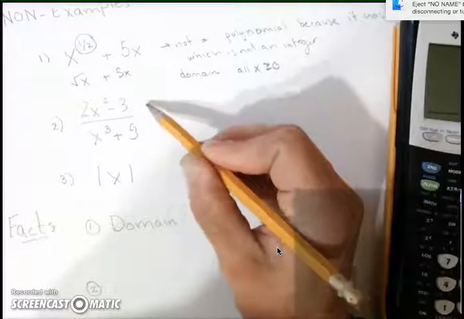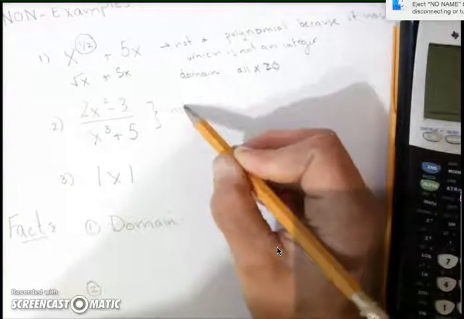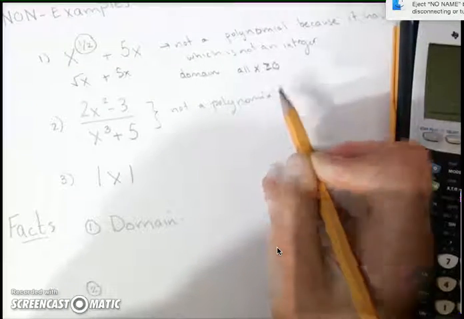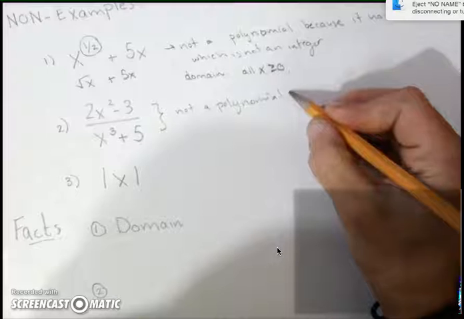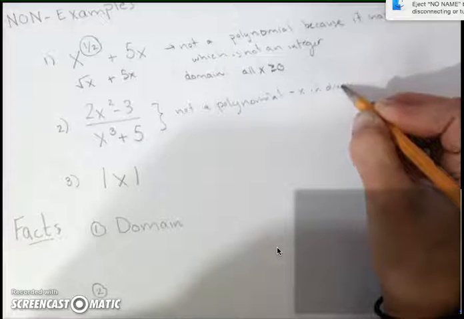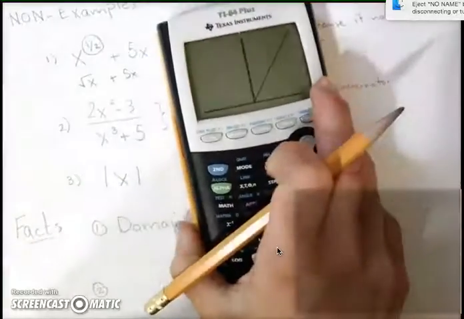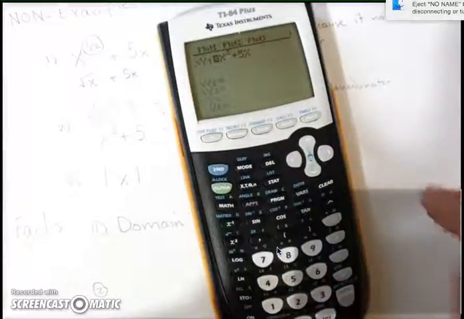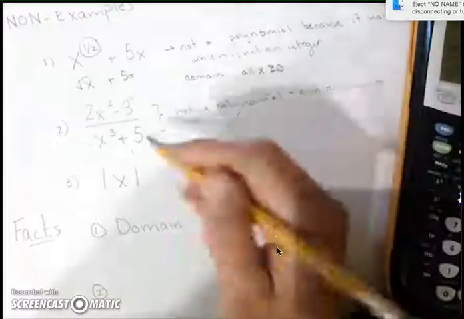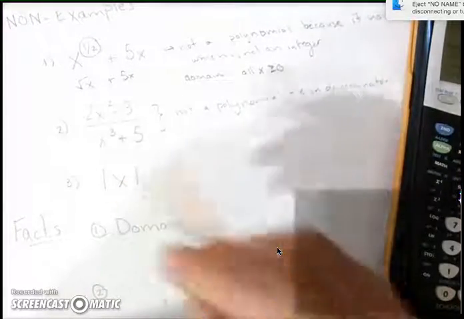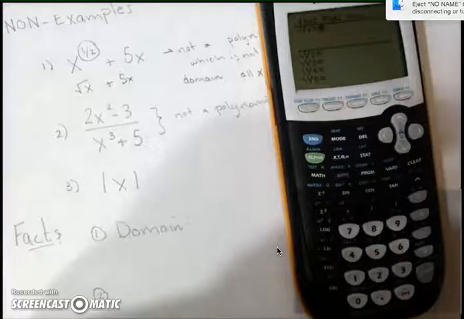This second one is also not a polynomial because we have an x in the denominator. And you'll notice that the domain of this function is not all real numbers either, because there's the potential for the denominator to be 0.